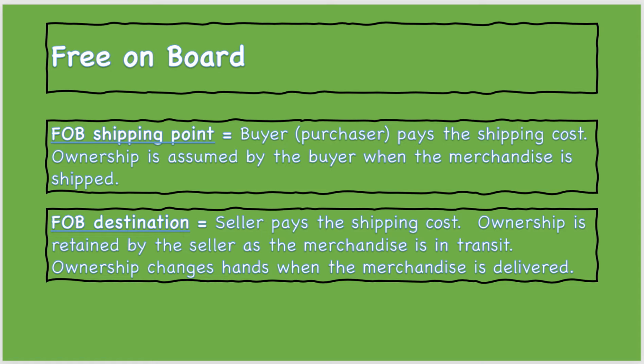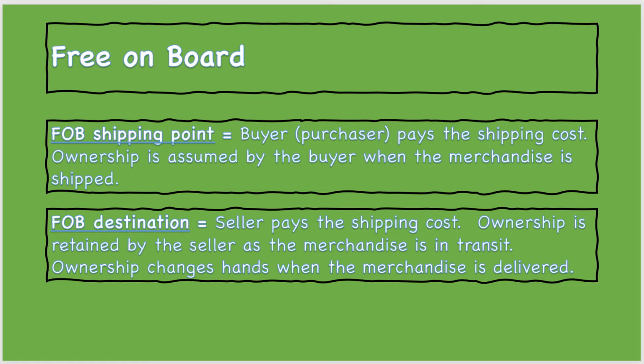FOB shipping point says that the buyer or the purchaser is responsible for the shipping cost. That means they pay for the shipping cost. When does ownership transfer? Well, under FOB shipping point, ownership is assumed by the buyer when the merchandise is shipped. Okay, so let's think about that. Let's go back to our Revlon Target example, right?